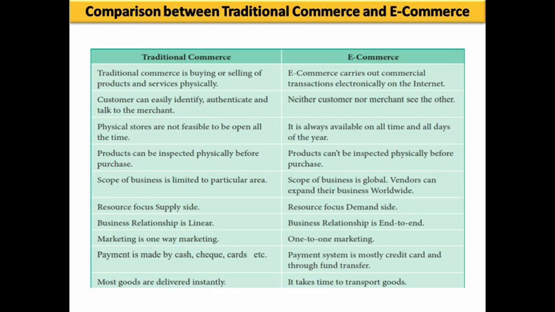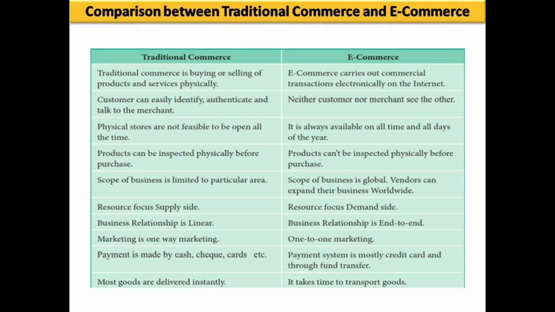Then we discuss the differences between traditional commerce and e-commerce. We know very well traditional commerce is buying and selling of products physically, whereas electronic commerce is buying and selling of products electronically. Traditional commerce is limited to a particular area, but e-commerce expands their businesses worldwide.